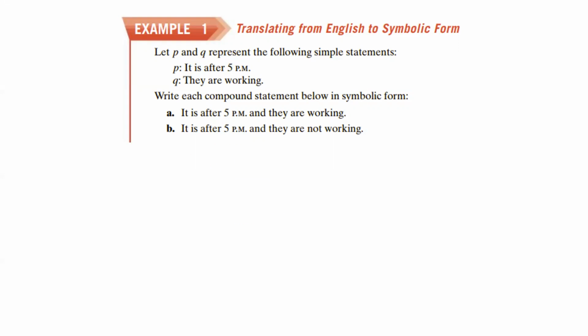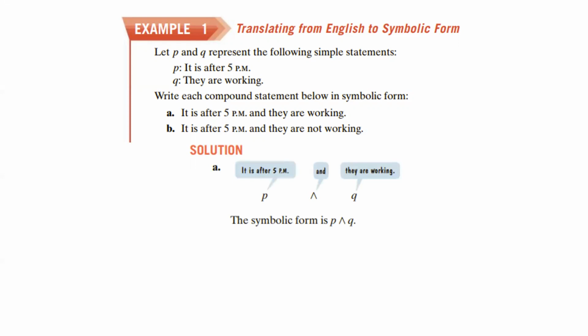The symbol for and is an upward facing V, which looks similar to something we saw in set notation with an upside down U. It's just now we're not dealing with sets, we're dealing with statements. So upside down V, or a caret, is the symbol for and. So in symbolic form, I would do P caret Q, P and Q.